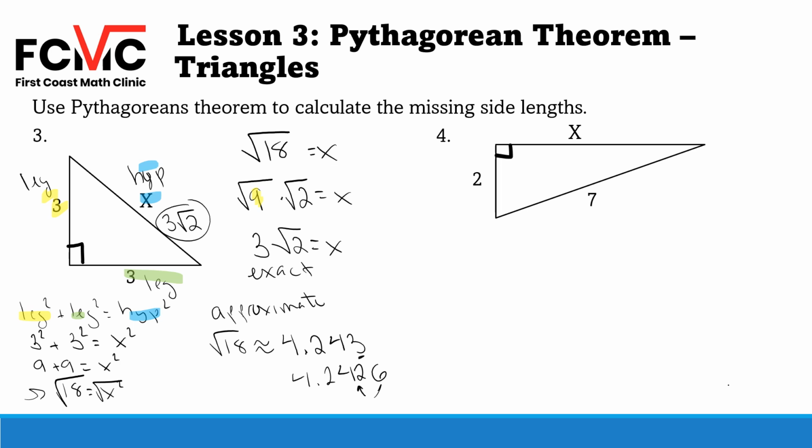Once I round my value, it's no longer exact, it's an approximate, right? So we have two answers here: our exact value here, and the approximate value here.